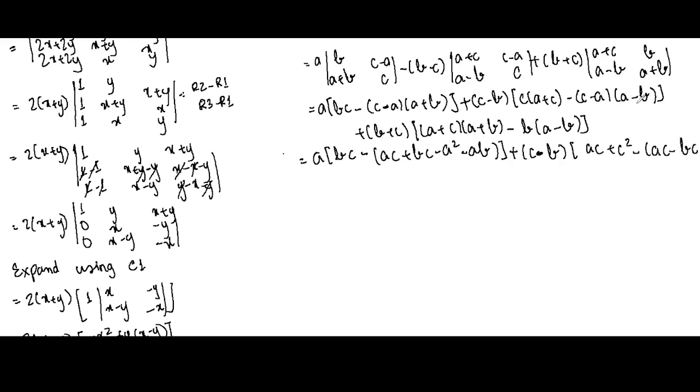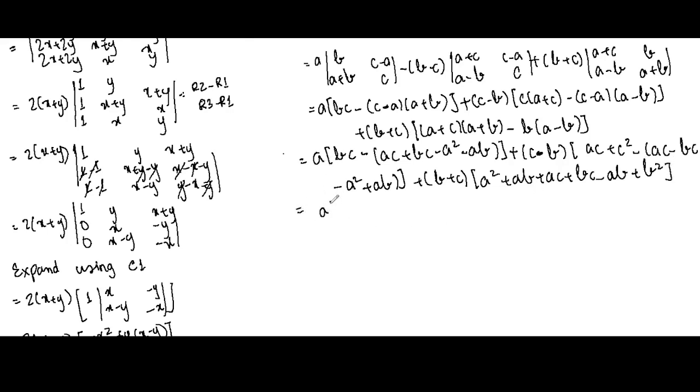Then we are going to multiply minus a with this bracket, so we get minus a square plus ab plus b plus c into, now let's multiply these two brackets, so we get a square plus ab plus ac plus bc, then minus ab plus b square.